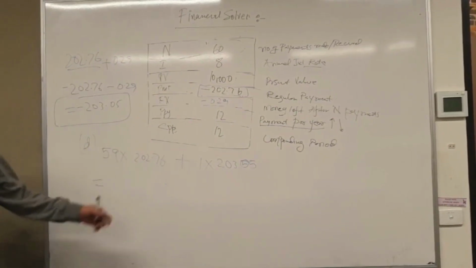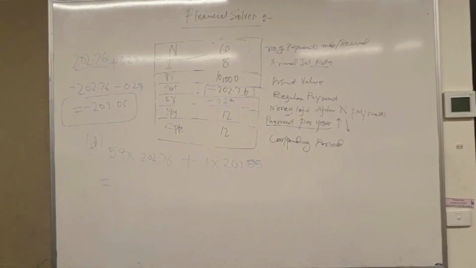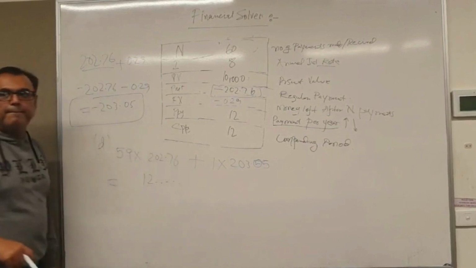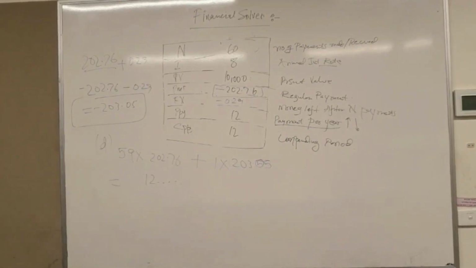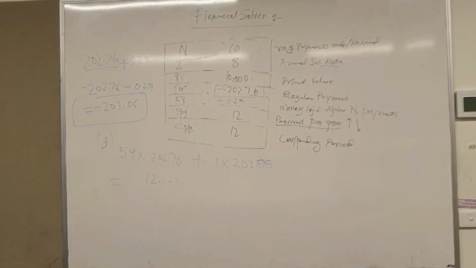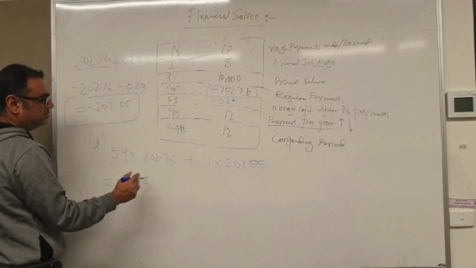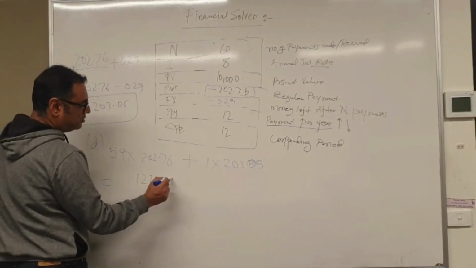Can someone solve this for me? So if you solve this, you get some value, some 12,000 something. Can someone solve this for me, please? 12,165.89. Good job.